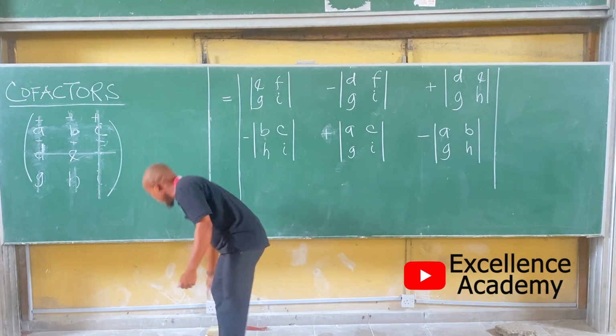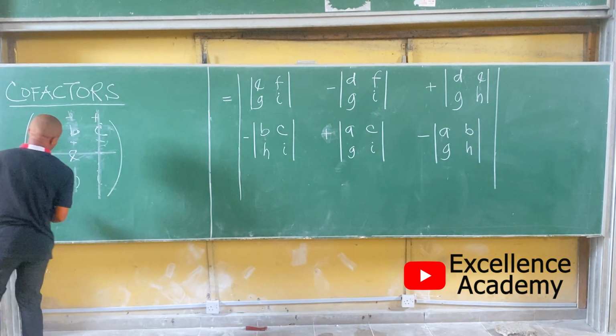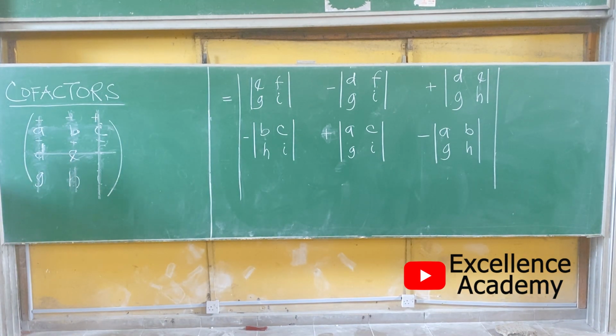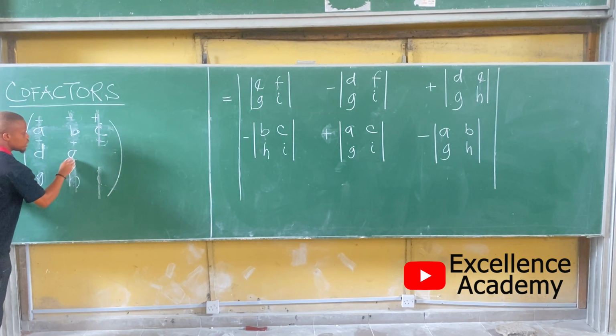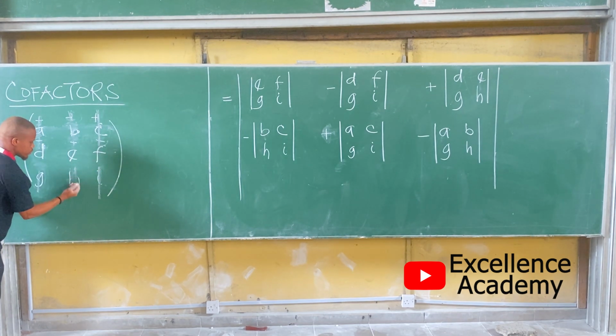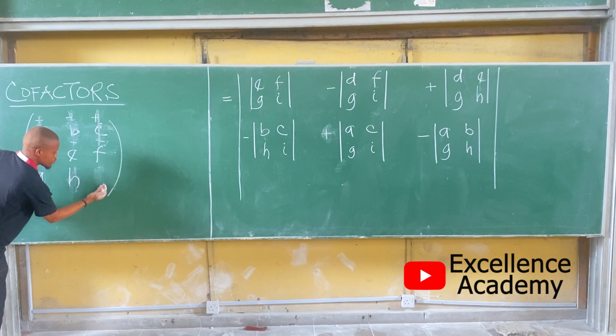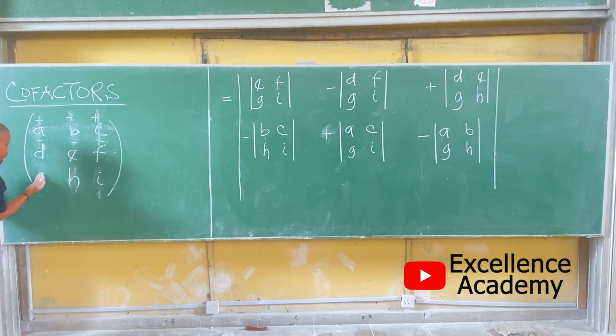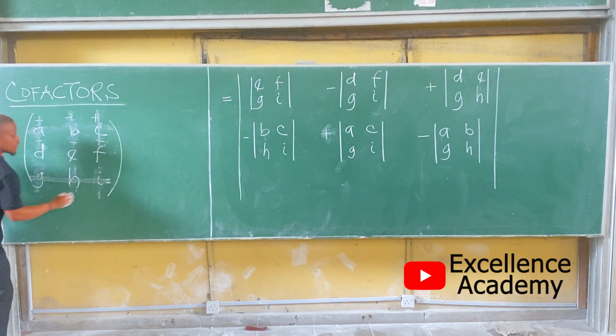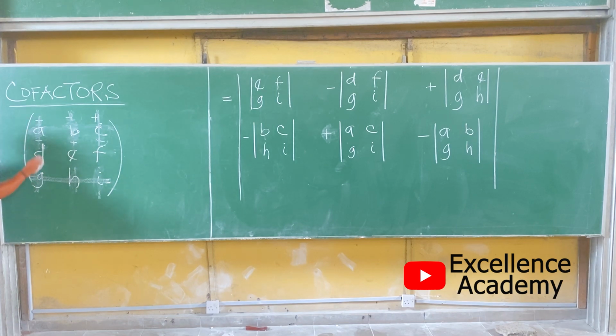Alright, we do the same thing for our last row and we are done. So this is it. I'm having my D, E, F. Now for the first element there, I'll cover the last row and the column on which it appears, right?